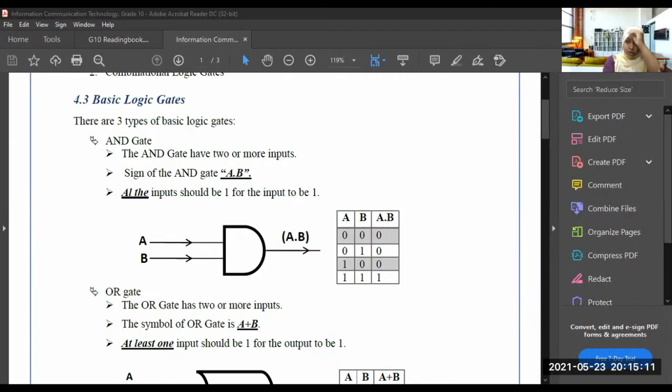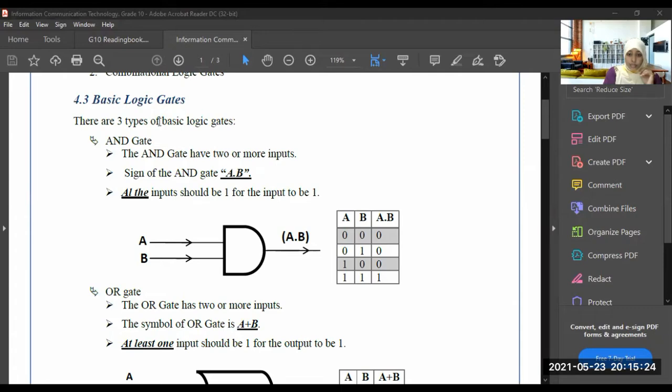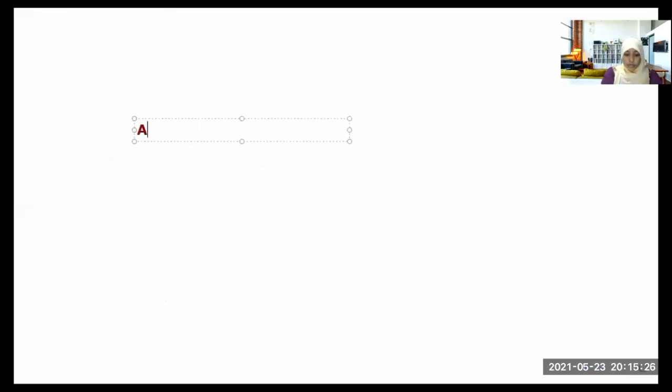That is AND. You remember the word AND. So the symbol is dot. If you write it like this, it is not A dot B, it is A and B.